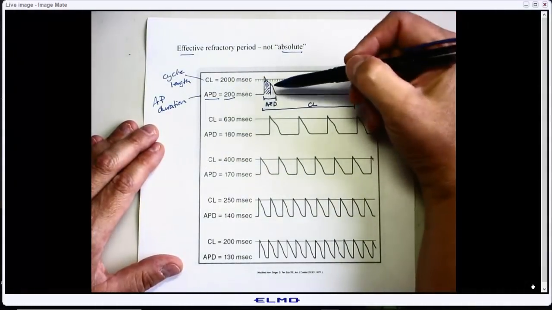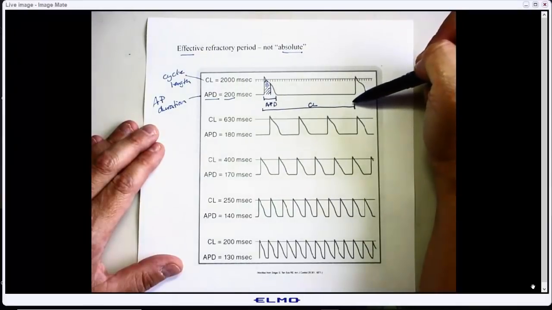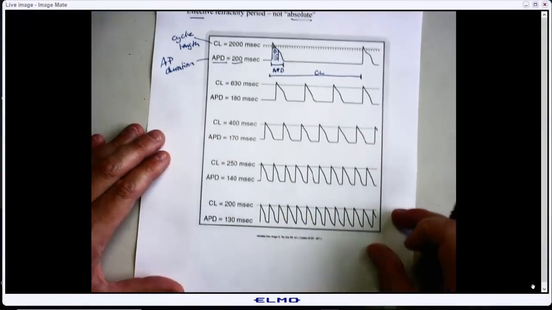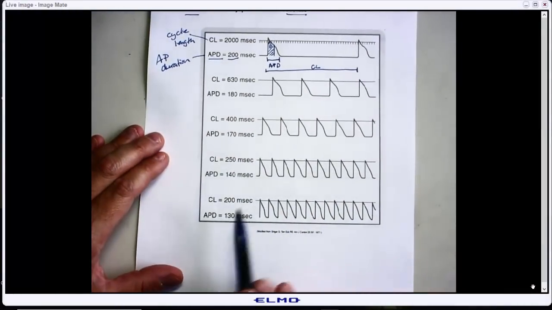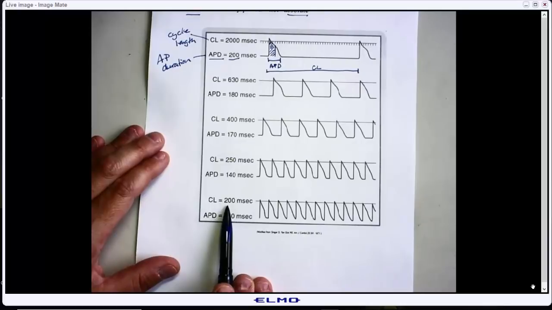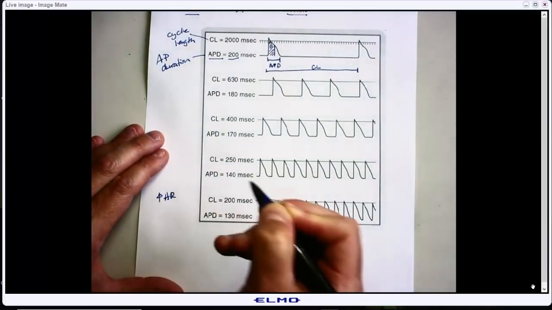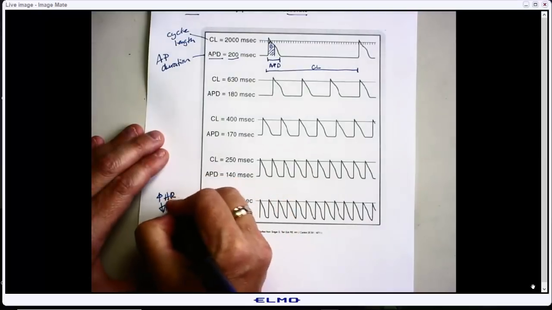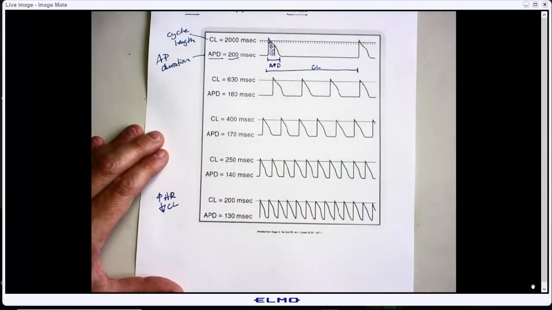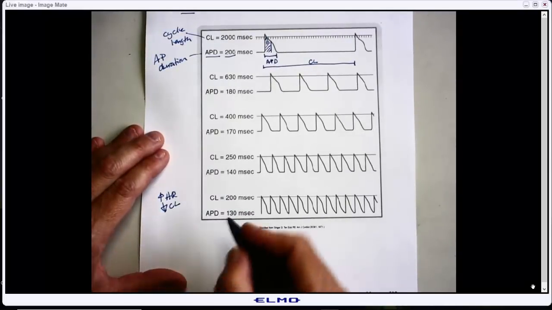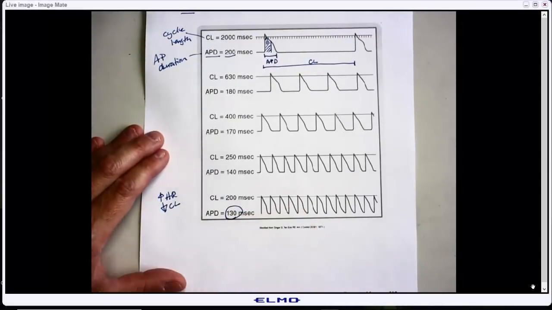Now, if you shorten the cycle length, which essentially means speed up the heart rate. So let's go to an extreme. If I increase my heart rate, I'm going to decrease my cycle length, right? So the length between contractions will be reduced. Suddenly, my action potential duration drops.